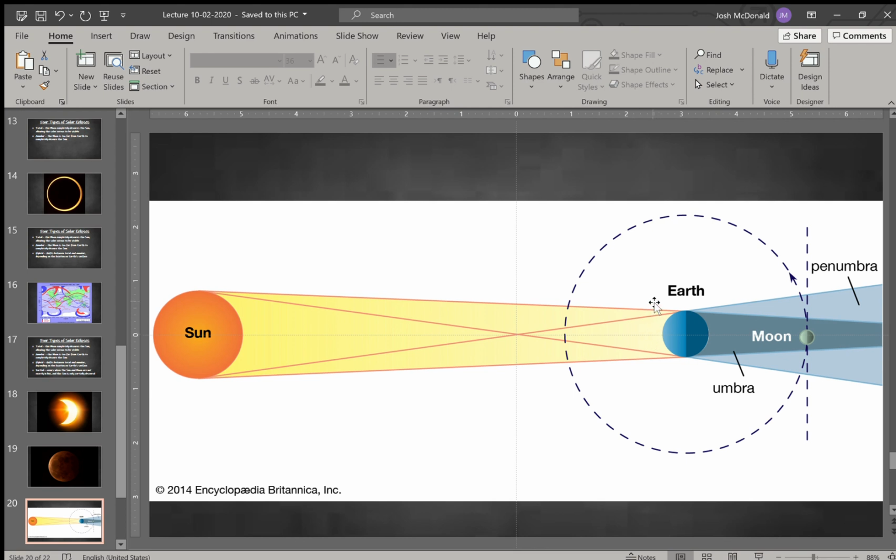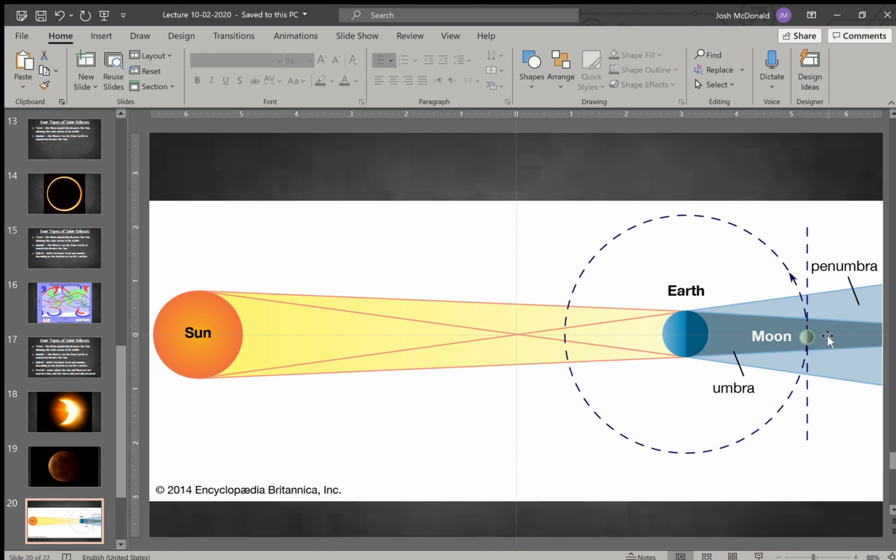So you have the penumbra and the umbra just the same as you did during the solar eclipse, because that is how the sun will cast the shadow on any type of object. So now the Earth is casting the shadow, and the moon actually crosses through the penumbra and the umbra, depending on the position in the orbit of the moon around the Earth.